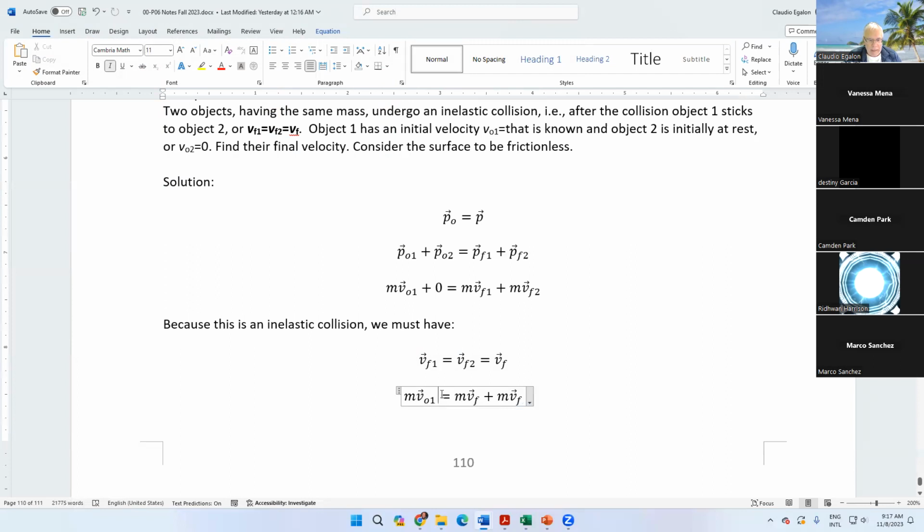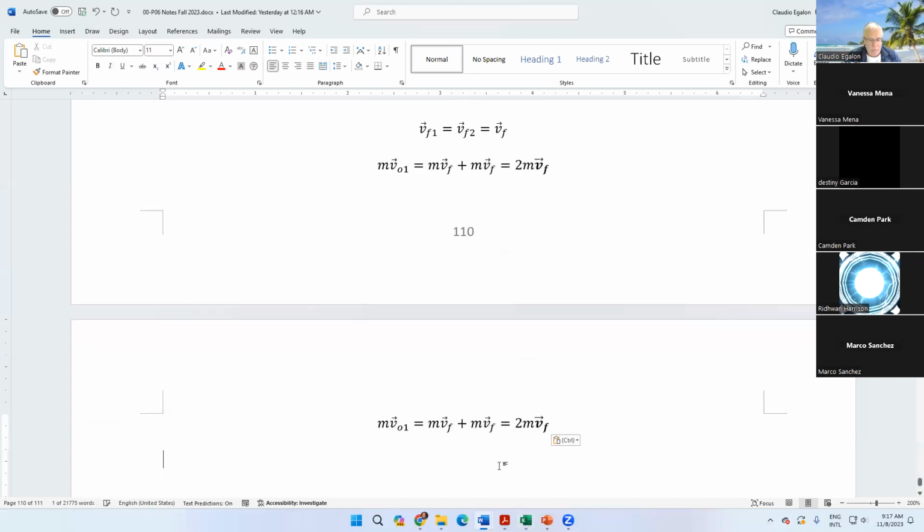And now mvf, the right side of the equation, should be 2mvf. And don't forget, I want to find out what's vf. That's what I'm trying to find out here. The equality is this one right here.